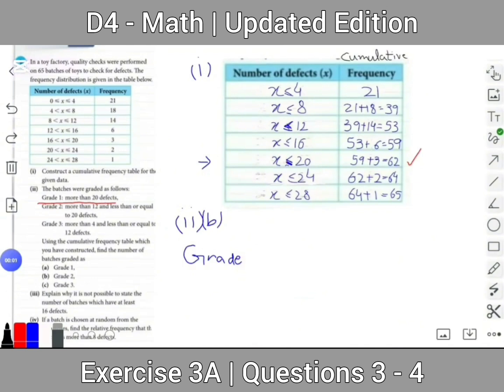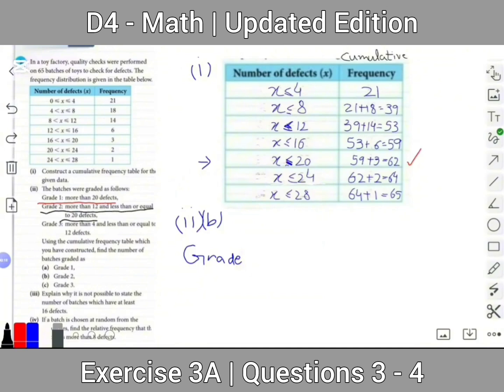Now in part 2b, we have to find out the number of batches graded as grade 2. So in the question, what is the description for grade 2? Grade 2 is graded as more than 12 and less than or equal to 20 defects.